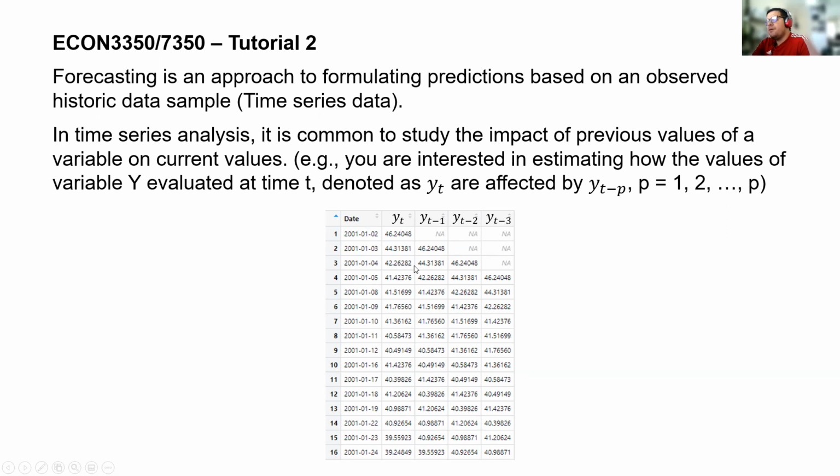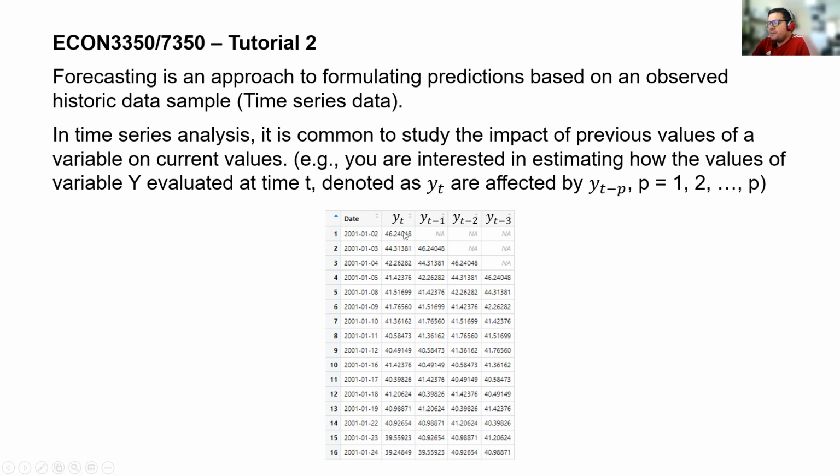The way we bring past data into our analysis is by using lagged values of the variable of interest. We can generate these lagged variables: Y_{t-1}, Y_{t-2}, and Y_{t-3}. That way we can bring these variables into a model that will allow us to extract this information and help us make some inference regarding the future behavior of Y_t.